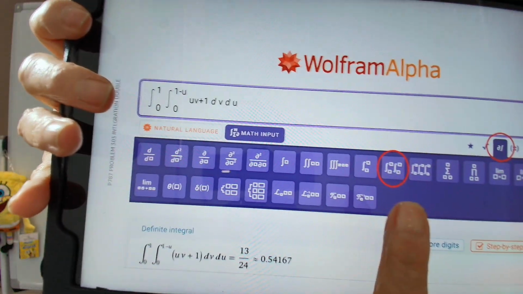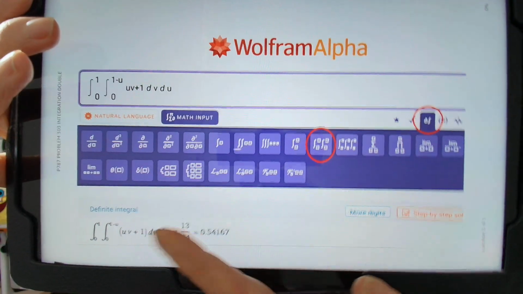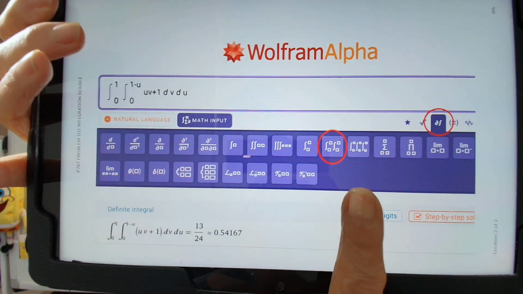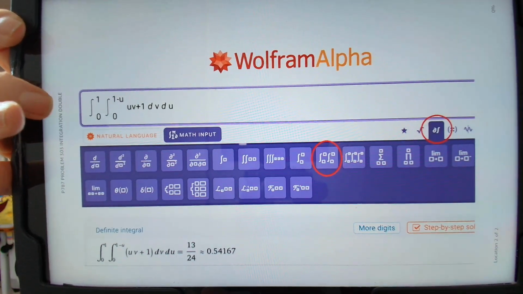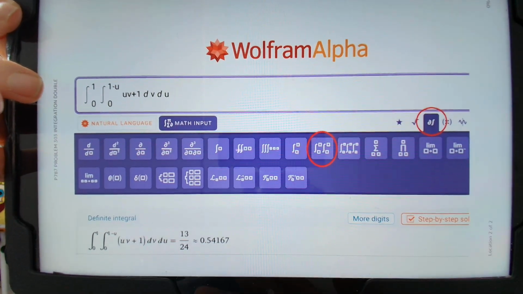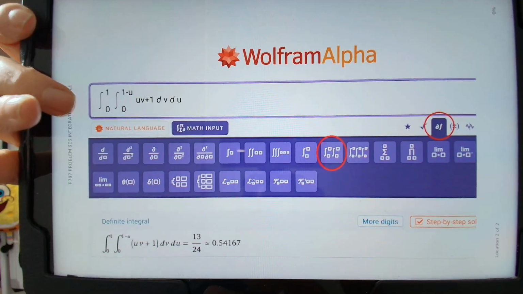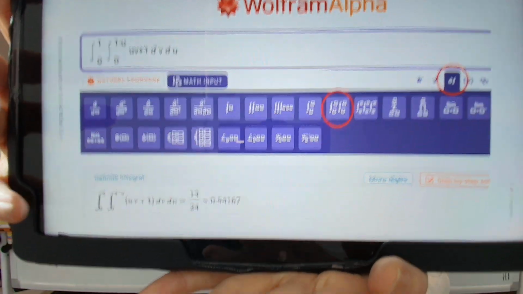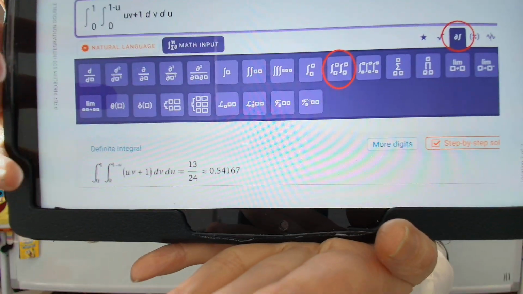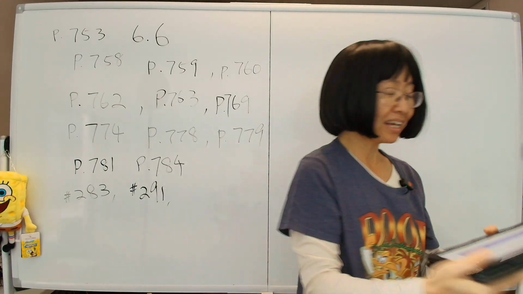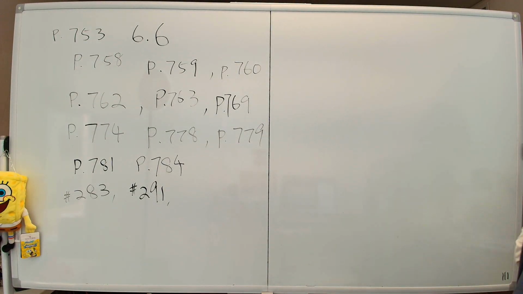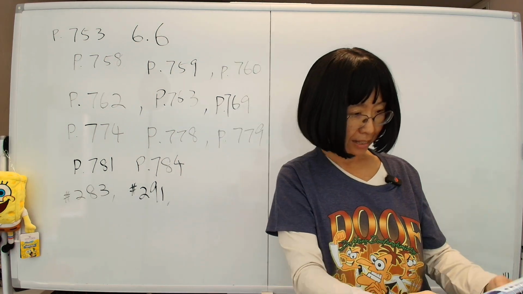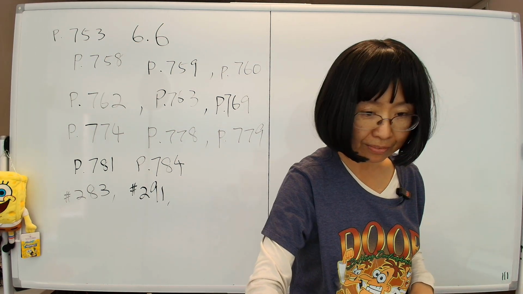To do the double integral, you have to pick the tab I show up there, and then choose the double integral tab, and they even let you choose what variable you want. Isn't that nice? So I was able to type everything in exactly as is. See, dv, du, all those things, and so then that gave me the answer, just like the back of the book. So if you ever need to do a double integral, and they even have triple integrals, you can just do that. So that is that, and one more problem.